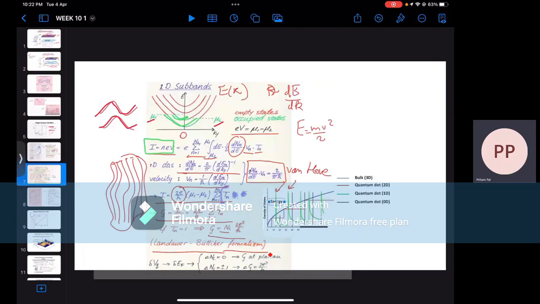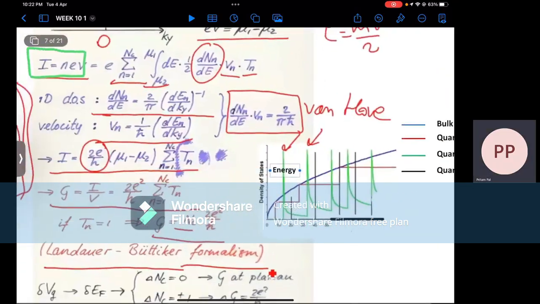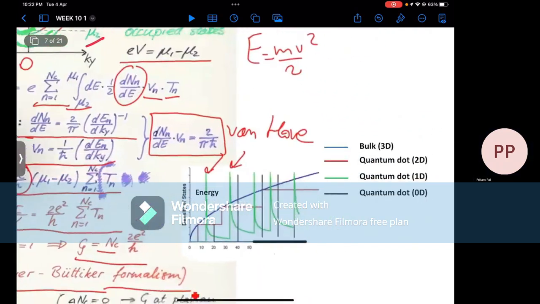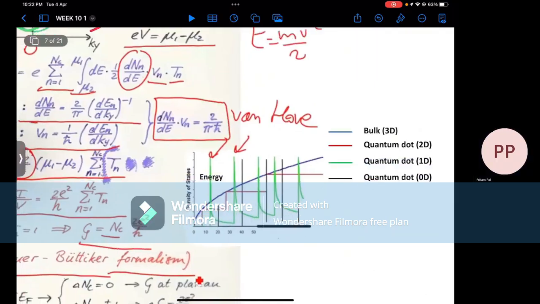For a one-dimensional constricted system, it is a peculiar density of states, which we integrate over energy to tell us how many electrons we have.